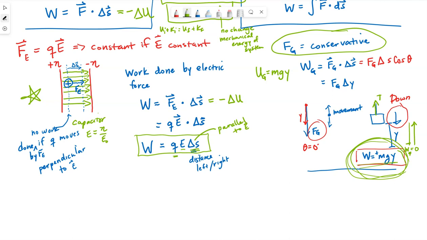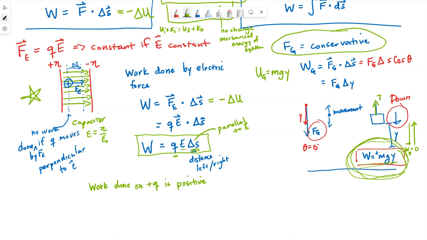Now, the work done on a positive charge moving to the right in my picture is positive.